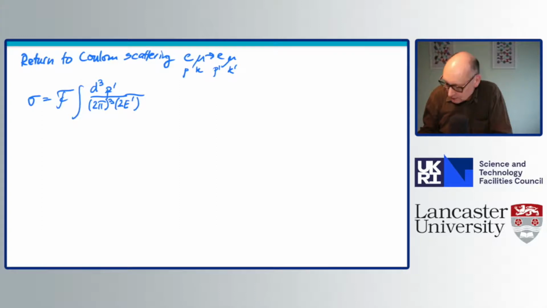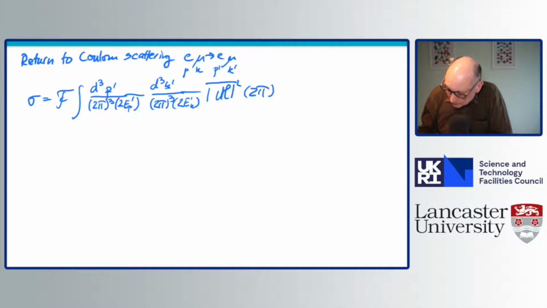and a d^3K prime over (2π)^3, okay, I'll call this E prime P and E prime K. Should really be P prime and K prime, I guess, times the Lorentz invariant square of the scattering amplitude summed and averaged over spin, and then the energy-momentum conserving delta functional (2π)^4, saying that the components of the incoming four-momenta need to be equal to the sum of the outgoing four-momenta.